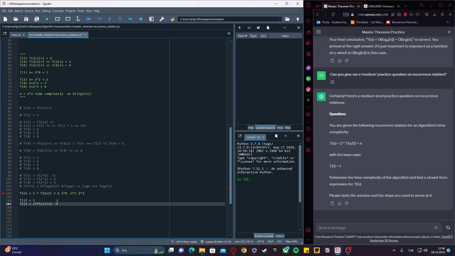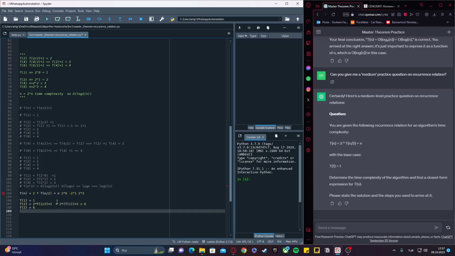So 2 times T(1) plus 2. So T(1) is 1, times 2 is 2, plus 2 is 4, and the answer will be 6. T(2) is equal to 6.